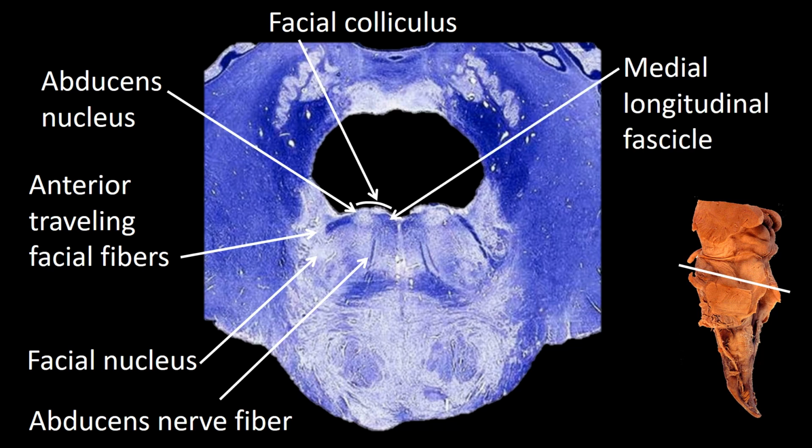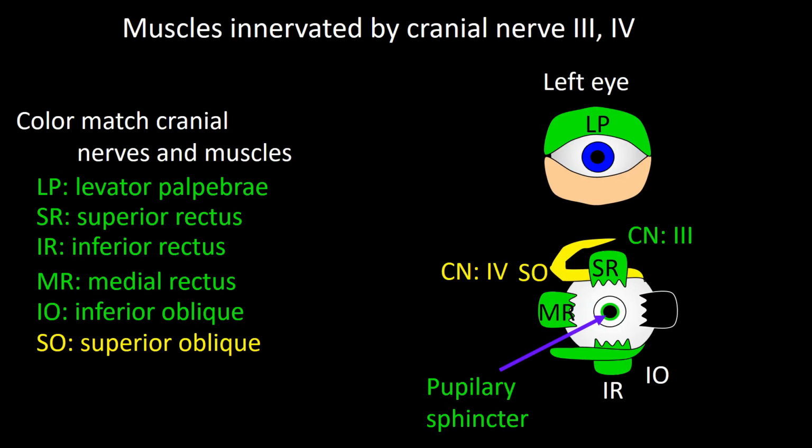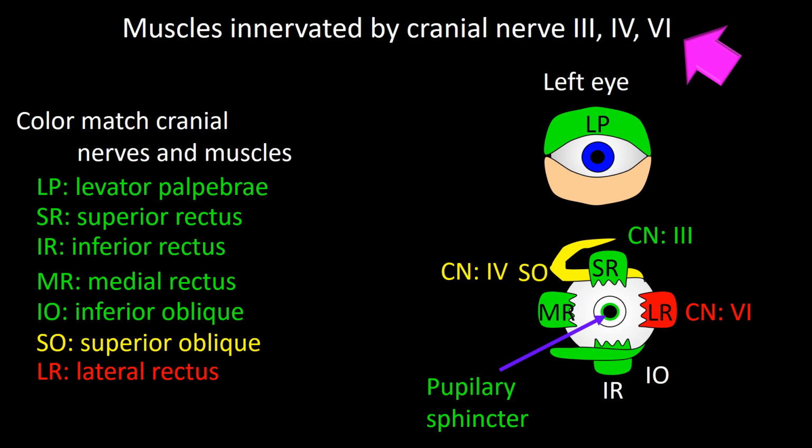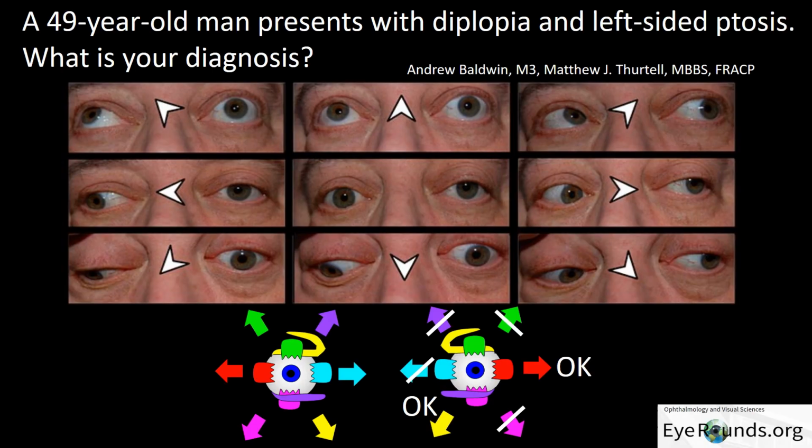On the other side of the abducens nucleus, we have the medial longitudinal fascicle. Now, I will go back to the list of extraocular muscles and cranial nerves to add the lateral rectus, color the lateral rectus, and add the nerve innervating it, the 6th cranial nerve.